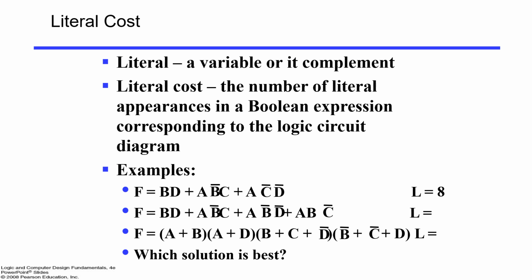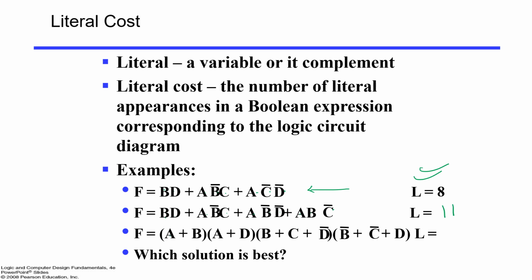So suppose, let's say here, how many literals are there? You can simply count 1 2 3 4 5 6 7 8. So we have a total of 8 literals. Now what about this circuit? We have 1 2 3 4 5 6 7 8 9 10 11. Total literals are 11. What about this circuit?